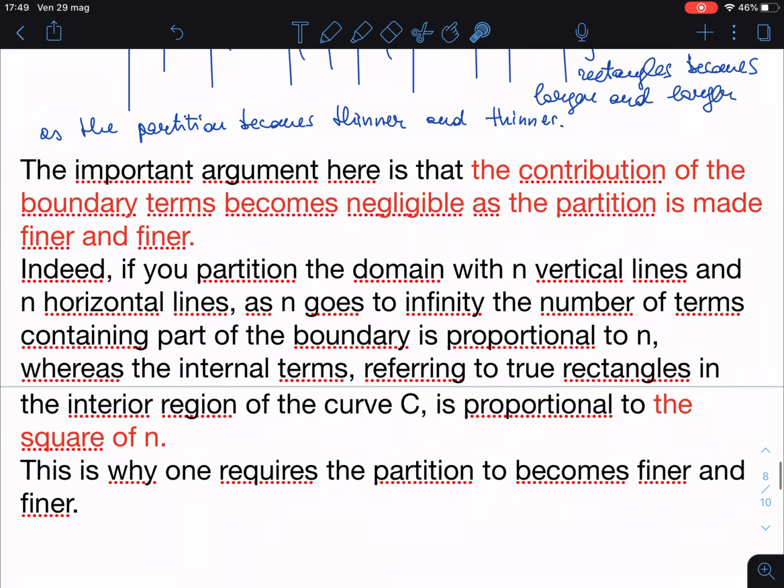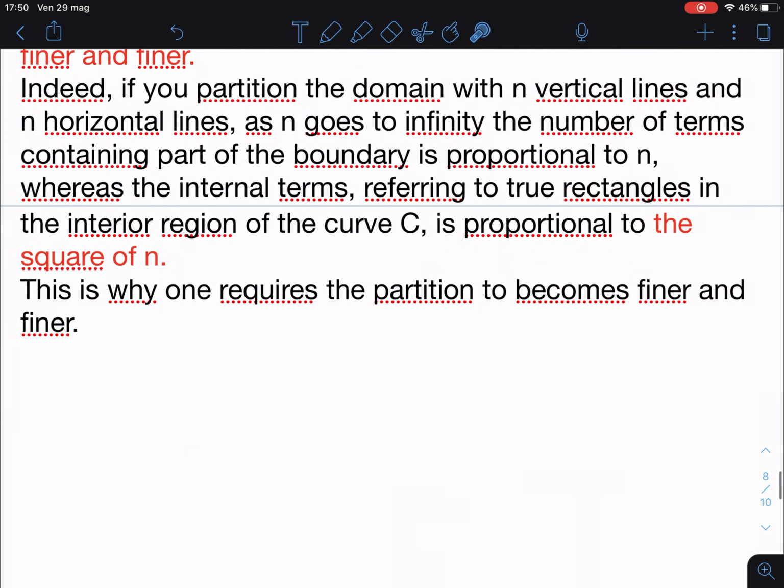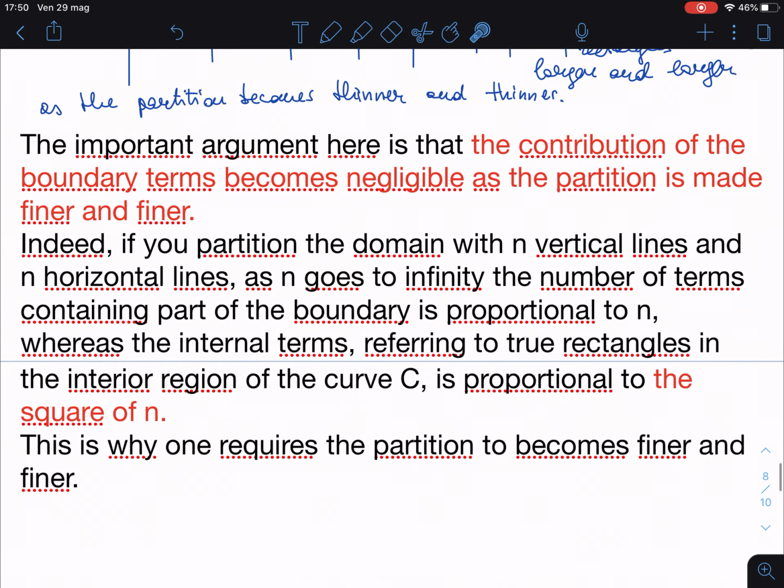So at the end, when comparing the area occupied by rectangles and the area occupied by subdomains containing part of the boundary, you are comparing n squared with n, and n squared is infinitely much larger than n. And this is why one requires the partition to become finer and finer.